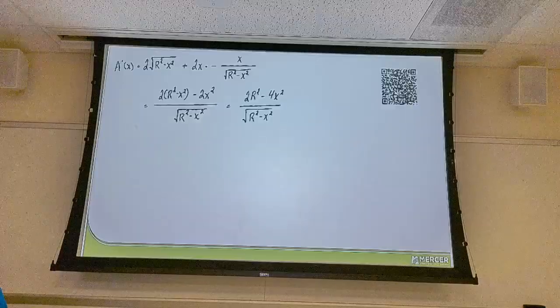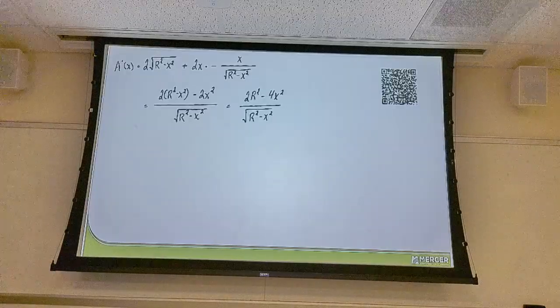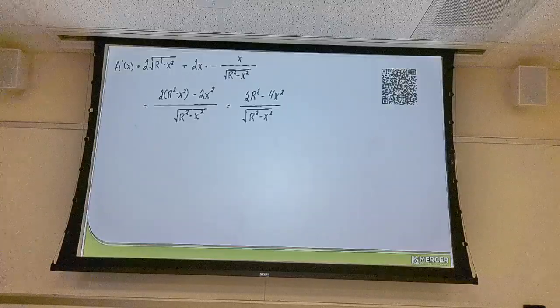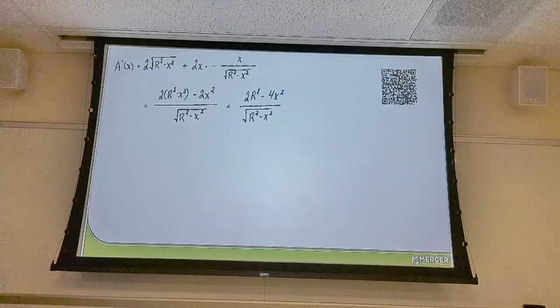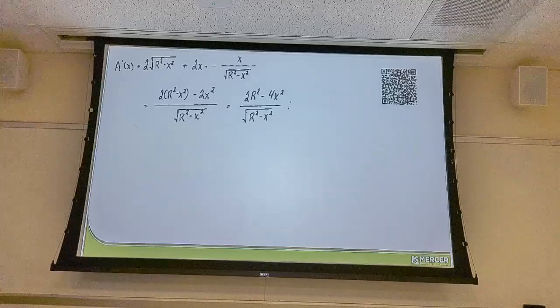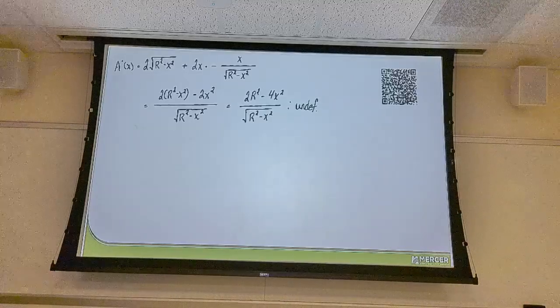Yes, perfect, okay. Is there anywhere that is undefined? Going to x is plus or minus r, but that's not in the domain. Right now, I'm not worried about that part. Okay.